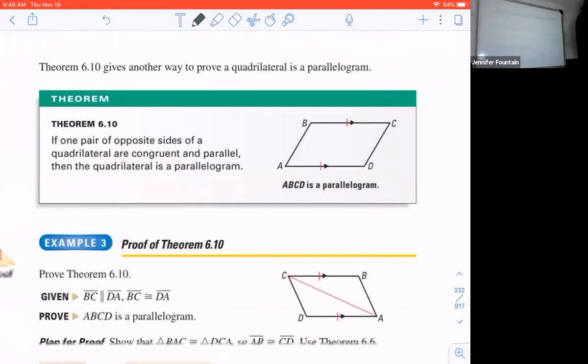All right, let's go ahead and look at theorem 6.10. If one pair of opposite sides of a quadrilateral are congruent and parallel, then the quadrilateral is a parallelogram. So what is the difference here? What is the key here that we're saying that I can judge it based on one pair of opposite sides? That they have to be what? Parallel and congruent.